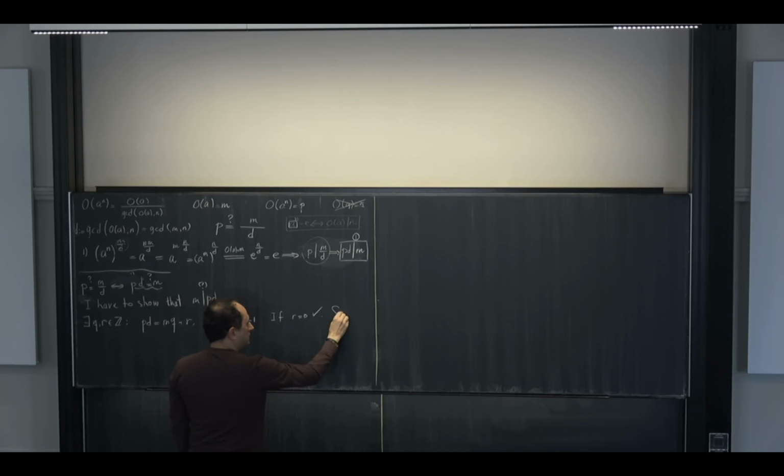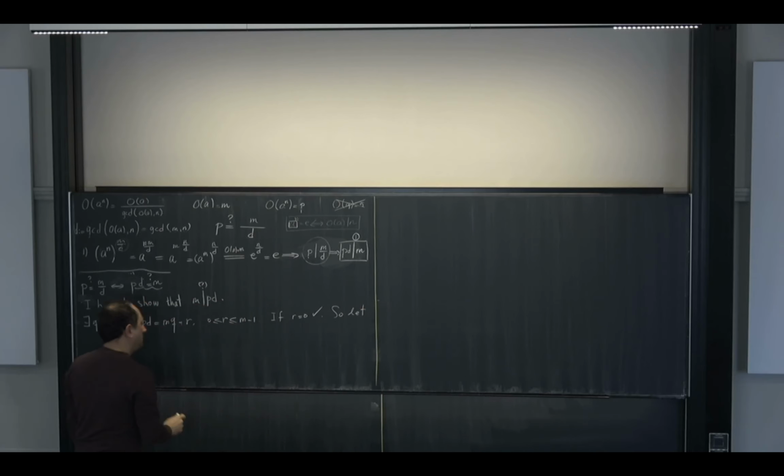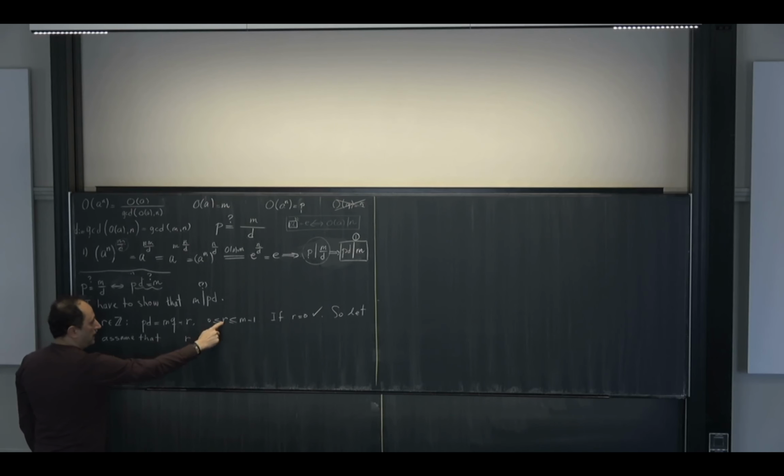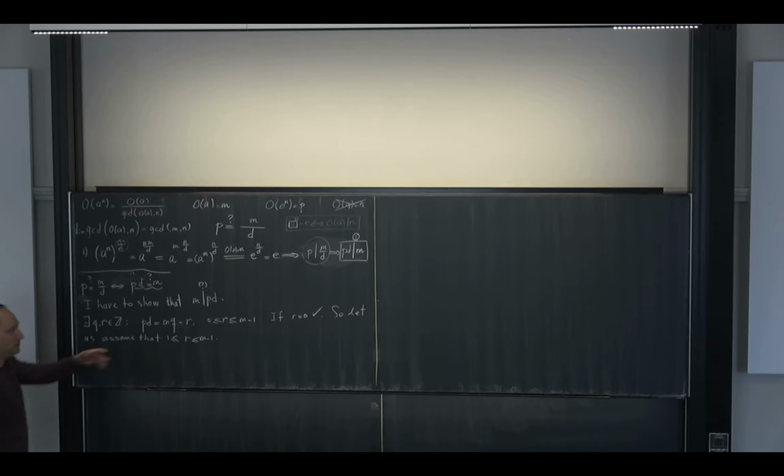So let us assume that R is not 0. On the one hand, R is between 0 and M minus 1. If R is not 0, it means it should be between 1 and M minus 1. Yes? Okay, do you remember what the trick was?